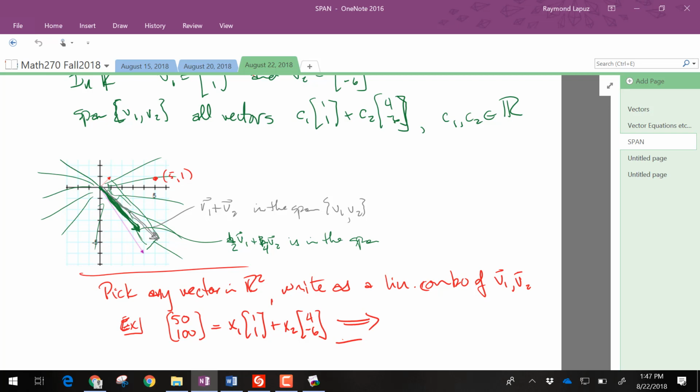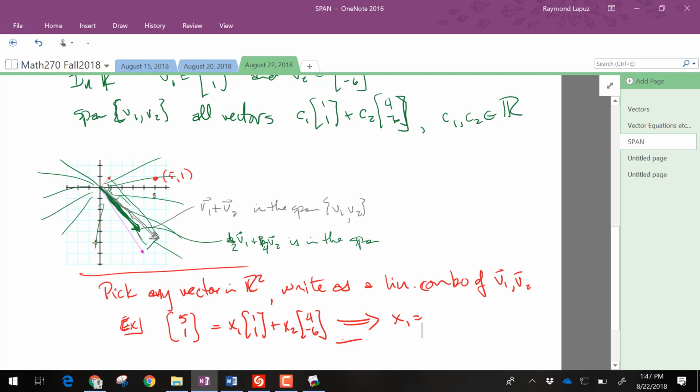So let's change this to 5, 1. So x is equal to... Is it going to work? It would be 1, 1 for this, for 5, 1?